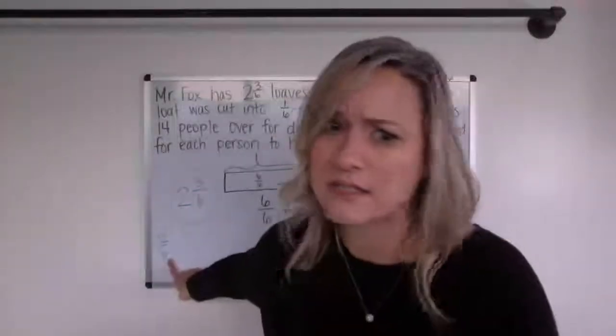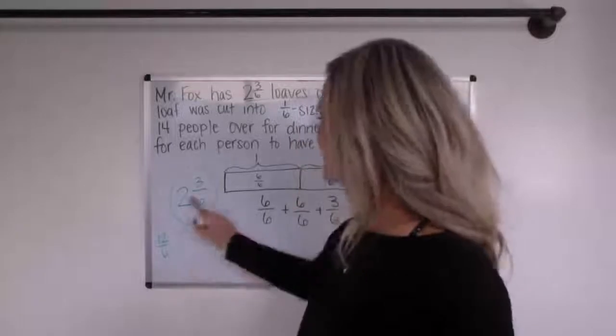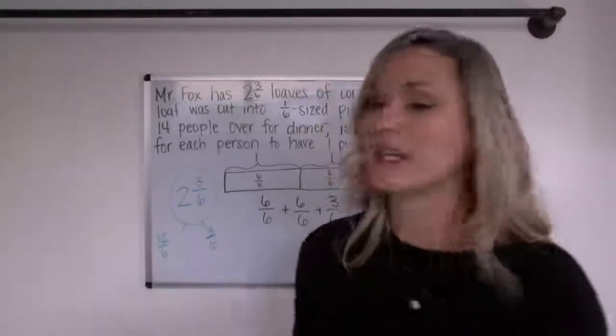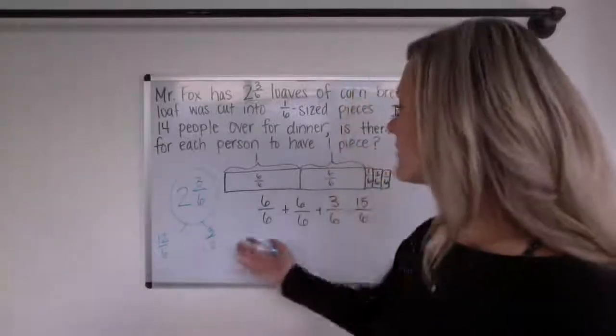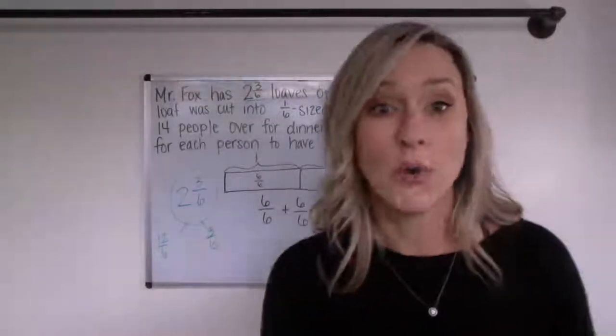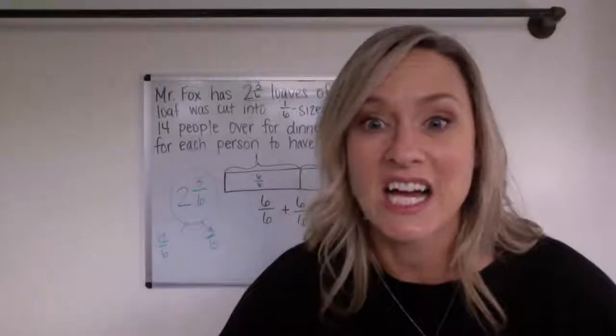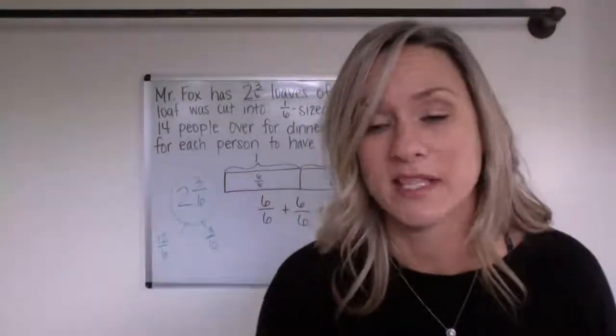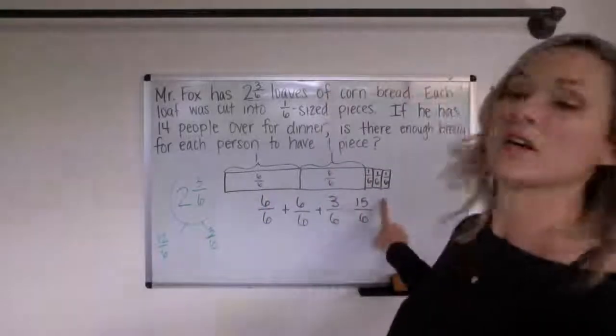You try saying it. It's hard, you guys. Okay, and then 3/6. So 12 plus 3 is 15, so that would still be 15/6. So Mr. Fox is in luck. He has planned enough for everybody to have a piece of bread, and there will still be 1 left over.